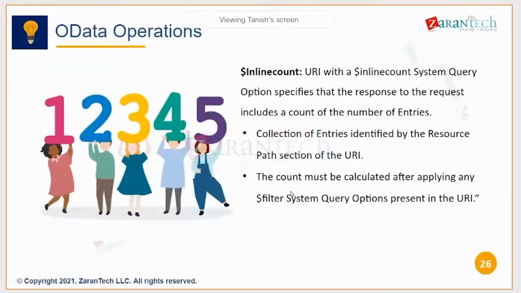Inline count is a URI with the dollar inline count system query option. It specifies the response to include a count of the number of items in the collection of items identified by the resource path section of the URI, and the count must be calculated after applying the filter system query options present in the URI. So the filter option should be used along with inline count.